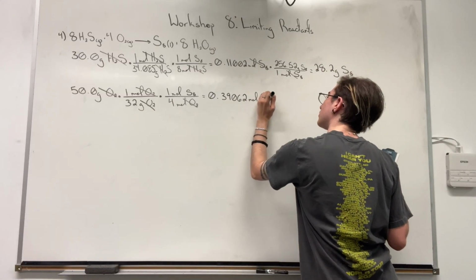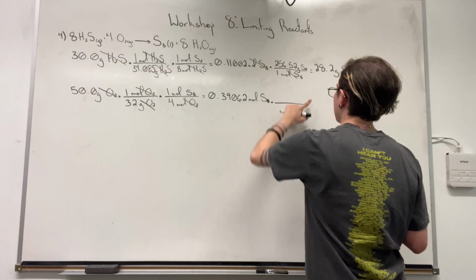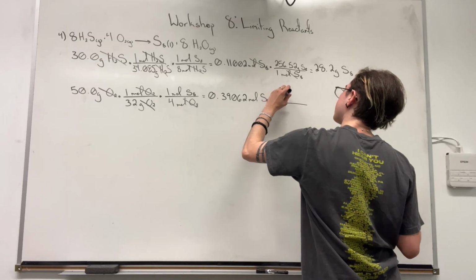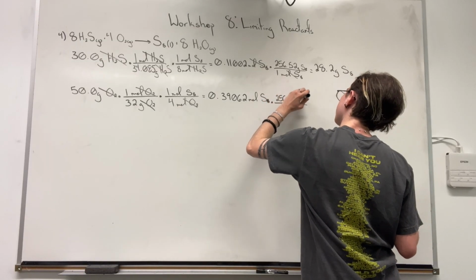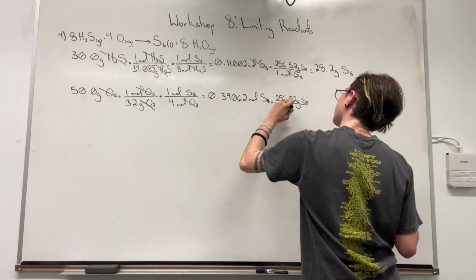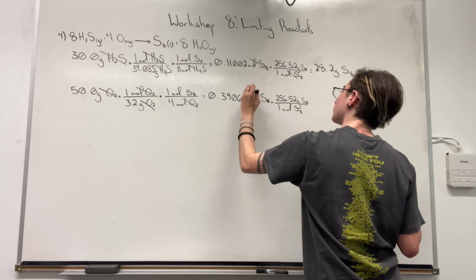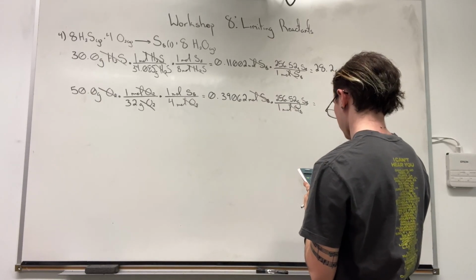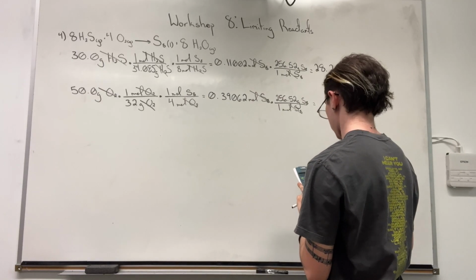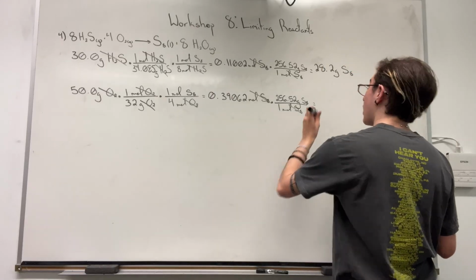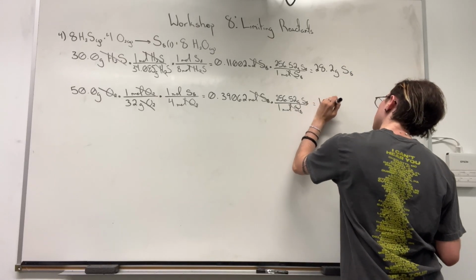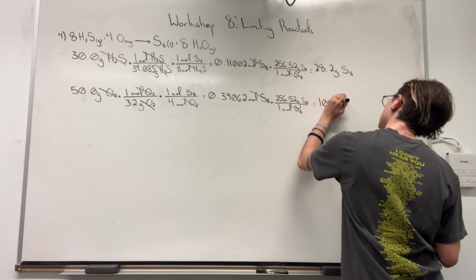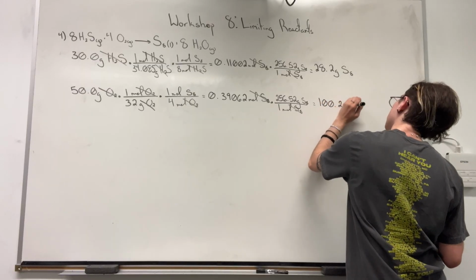Looking at the sulfur. And now converting that into grams. 50 grams of oxygen can produce 100.2 grams of sulfur.